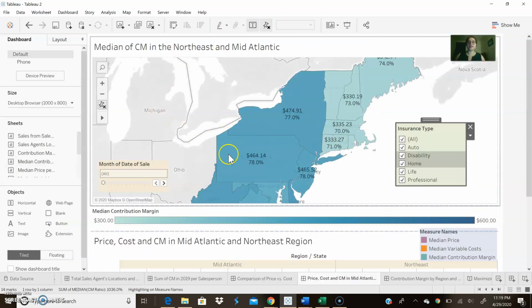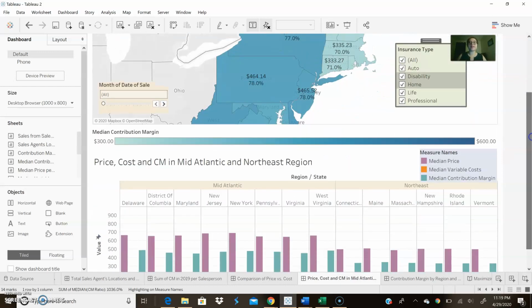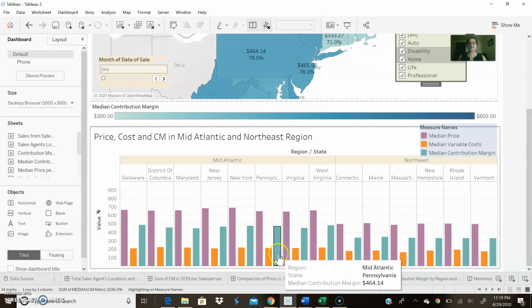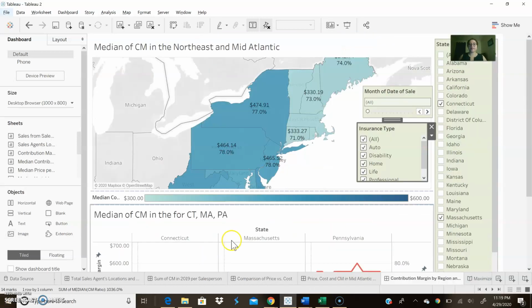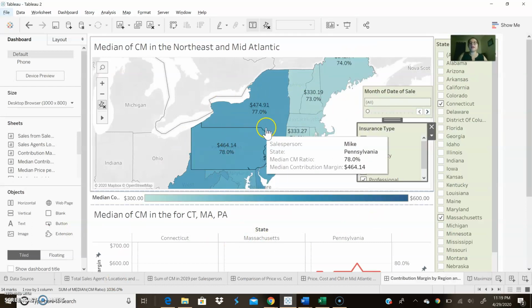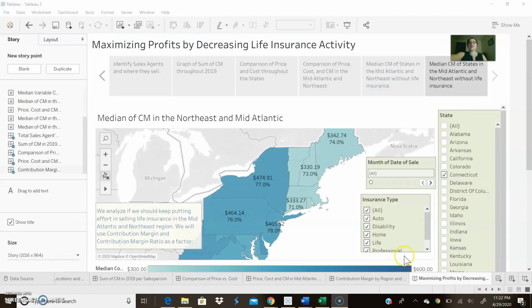My fourth dashboard focuses on the two regions and the comparison between the prices, the variable costs, and the contribution margin. My fifth and final dashboard is the two regions that we're analyzing for the effect of deselecting life insurance.